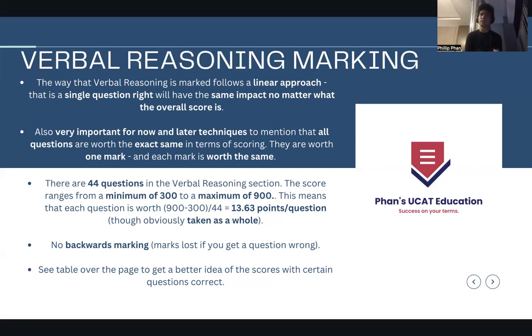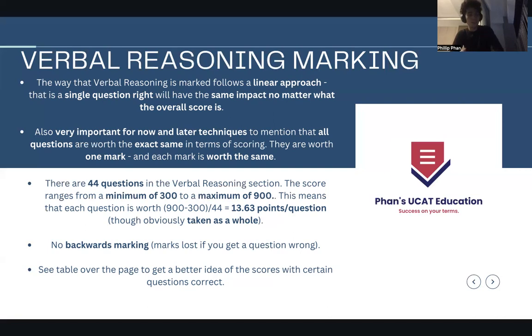But it's not like you get a question right and then add 13.63; they take it as one bunch. If you got 40 out of 44, it's 40 times 13.63, added to 300, pretty much. But that's not exactly the case either. They have certain ranges and certain scores for the number of questions you get right, and we'll look at that table later.